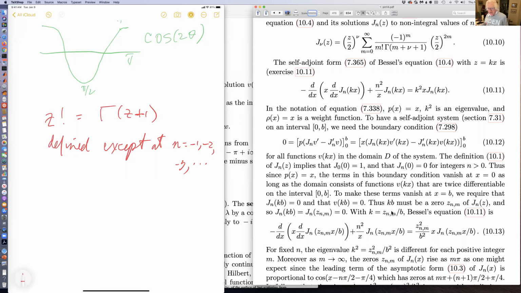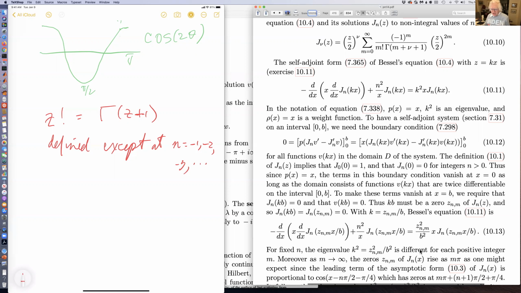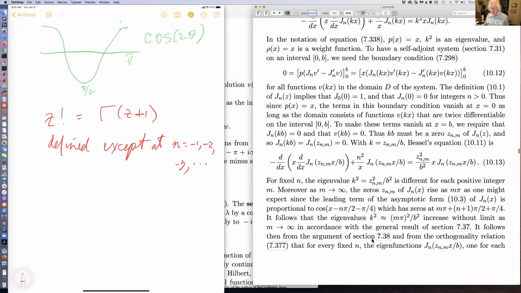So b is fixed, which means k becomes fixed, because kb has to be a zero of Jn of z in order to satisfy these boundary conditions. So this thing vanishes. This is Zarinsky, remember. So we set k equal to a zero z nm divided by b, where z nm is the mth zero of the nth Bessel function.